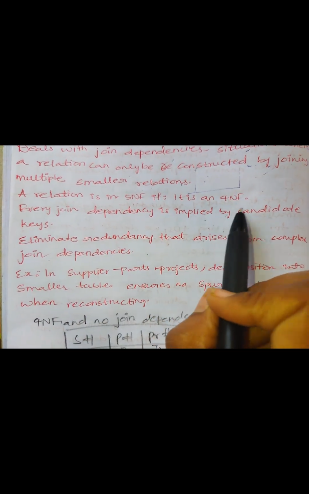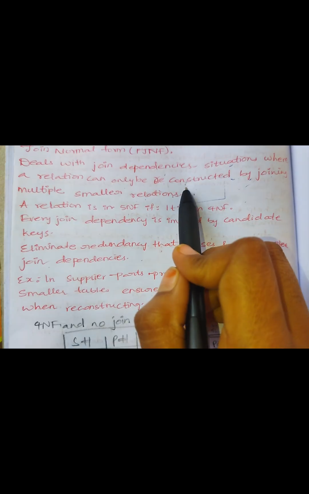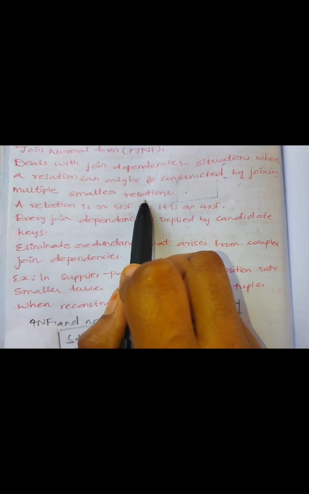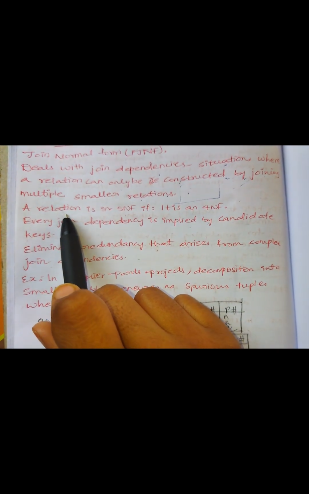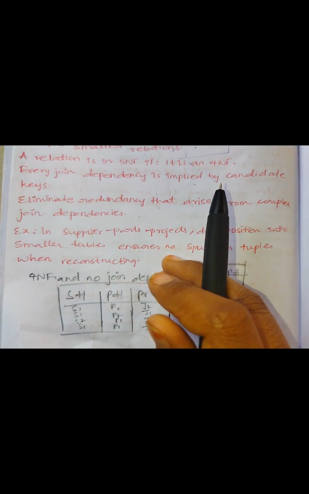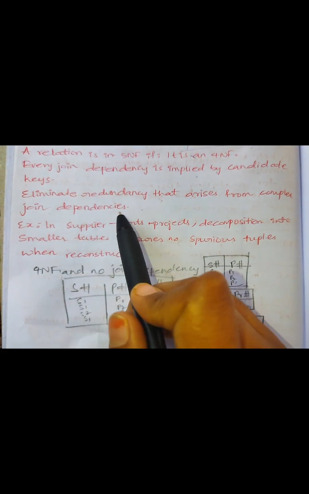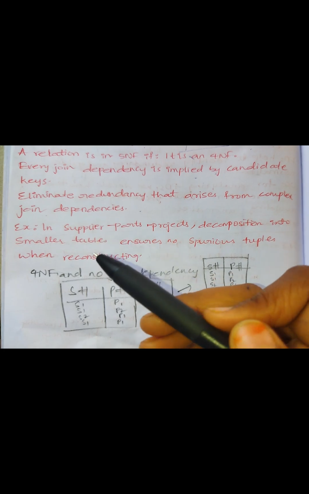Every join dependency is implied by candidate keys, and it satisfies the 4NF format, eliminates redundancy. For all topics there is somewhat of a similarity, a connection linking them. It looks like all topics are similar, but there is somewhat of a difference for each topic.